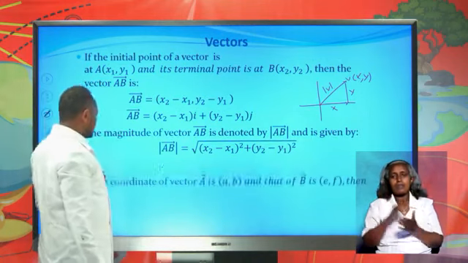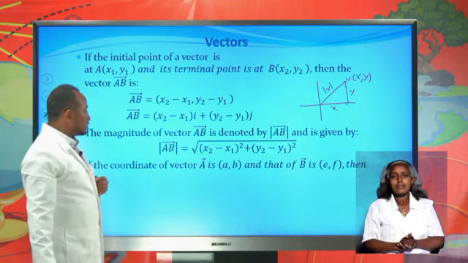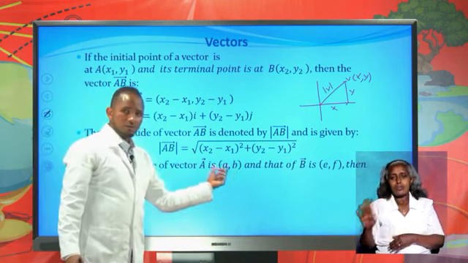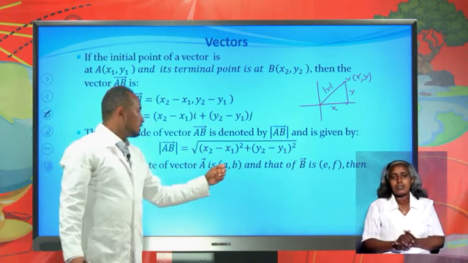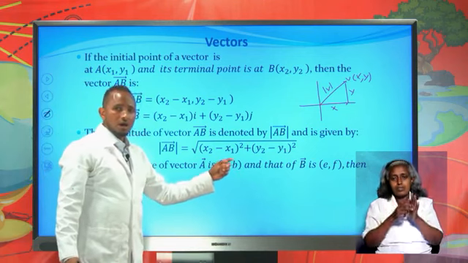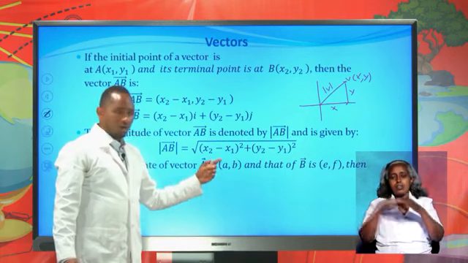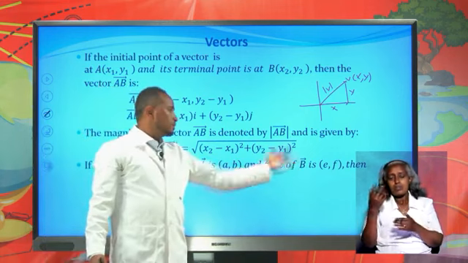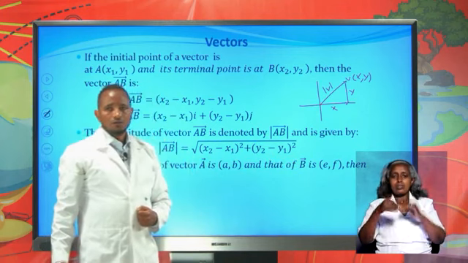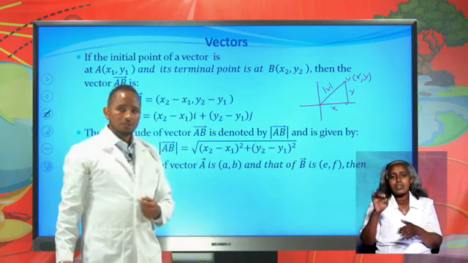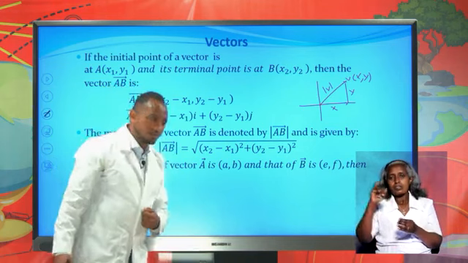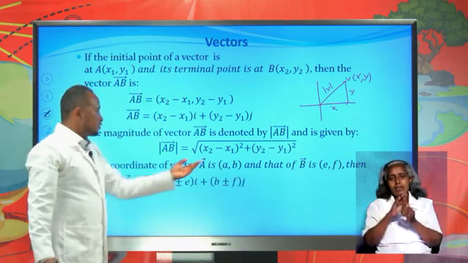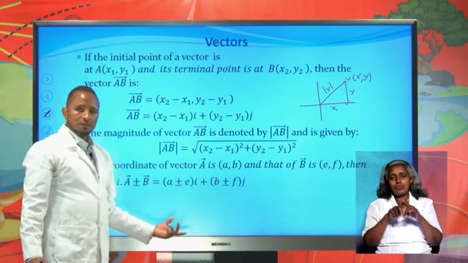Now, next, if vector A is given as a in the i direction plus b in the j direction, and vector B is given as e in the i direction plus f in the j direction, then the sum and the difference of these two vectors are given by this form.